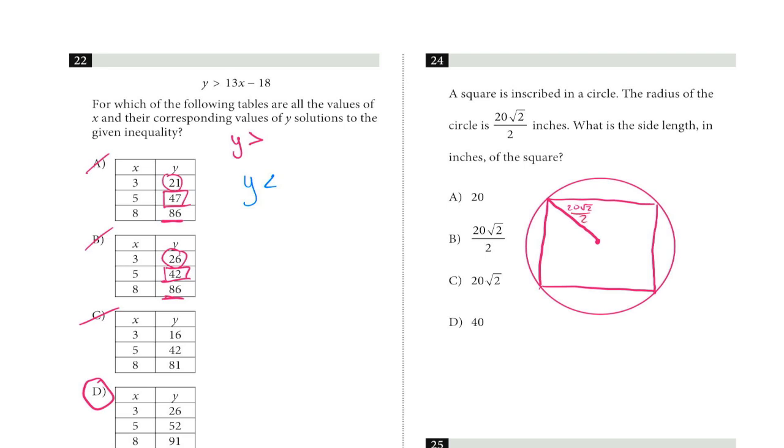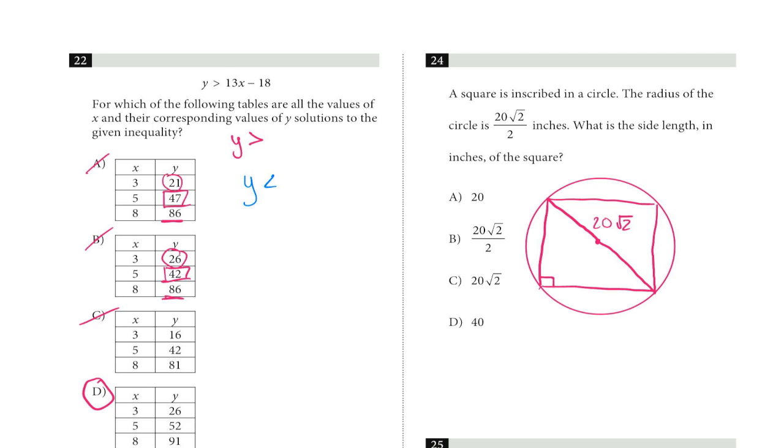But I'm going to go ahead and draw the entire diameter across, and the reason why is because I just now made a nice right triangle. I can now say that the entire length of this is just going to be 2 times 20 root 2 over 2, which will just give us 20 root 2, because I basically did 2 radiuses, or radii. And so 2 of them would just come out to 20 root 2.